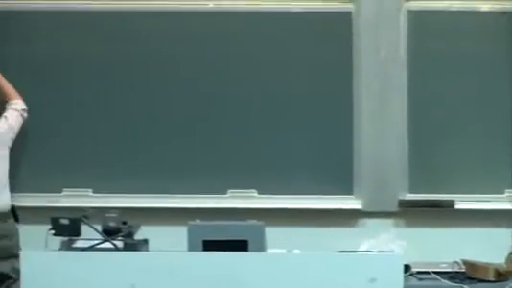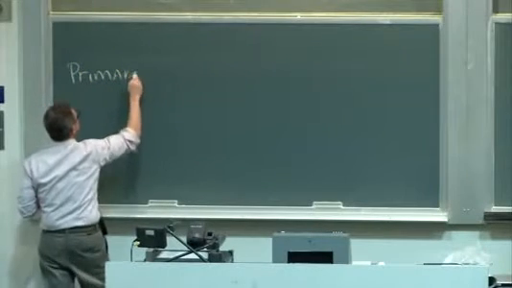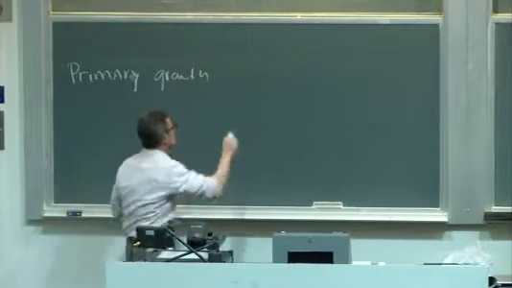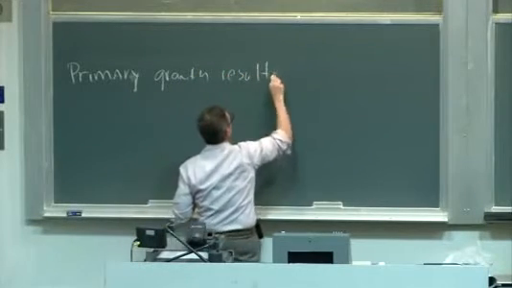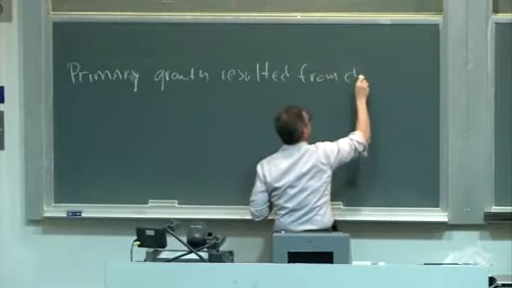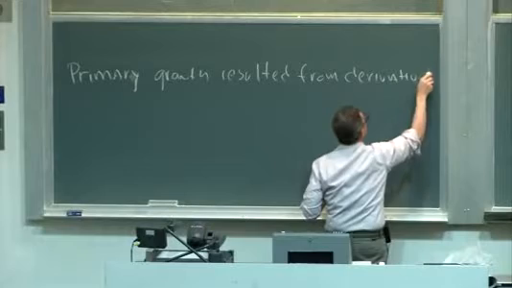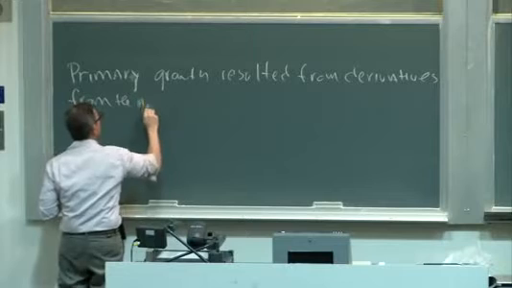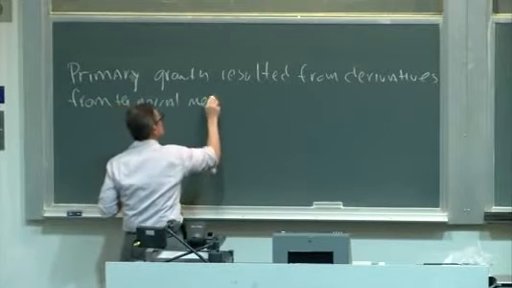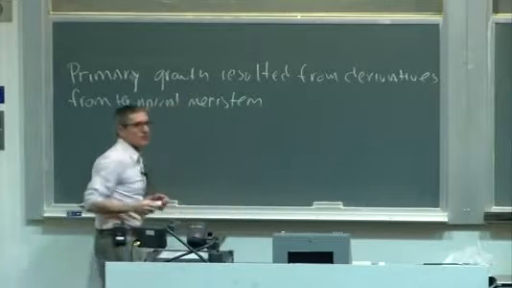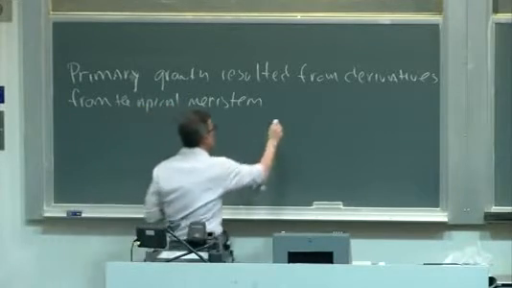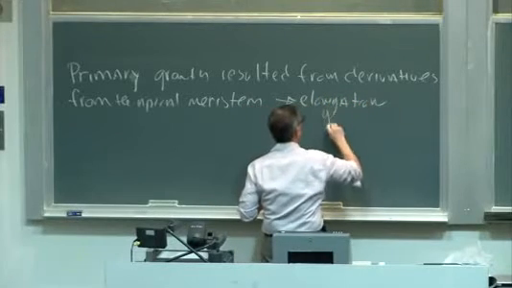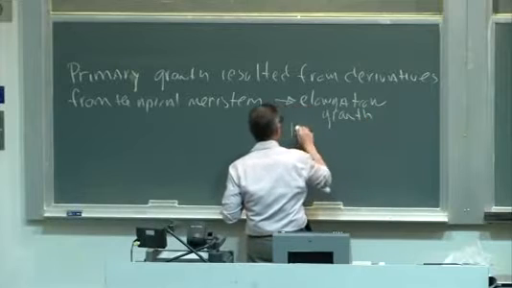And we said that primary growth resulted from derivatives from the apical meristem, and that these derivatives which formed yielded elongation growth. That is the lengthening of the stem axis.